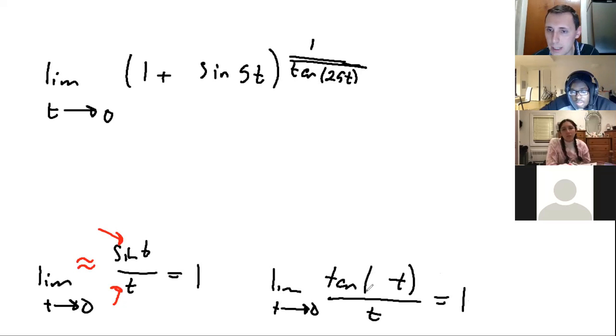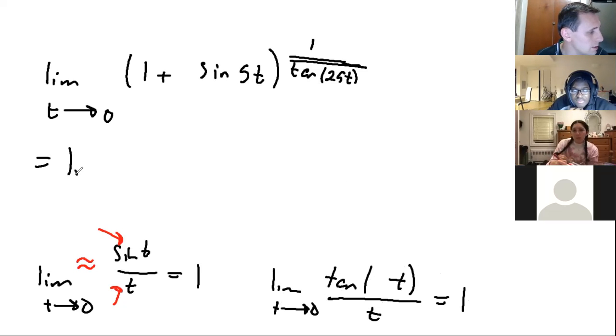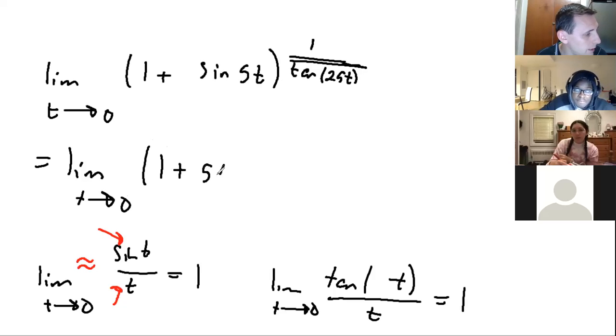We know this limit, right? It's equal to 1. That means that tangent of an angle divided by the angle when the angle is small is essentially the same. So that limit is a limit where t goes to 0, 1 plus 5t raised to the power of 1 over 25t.